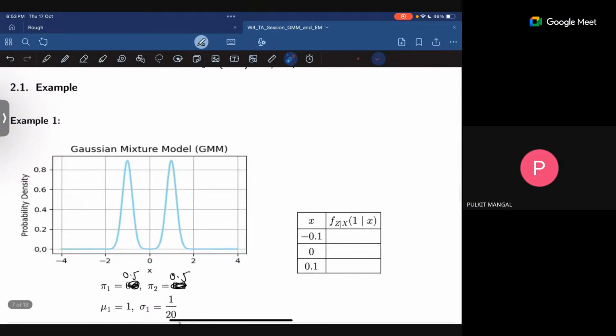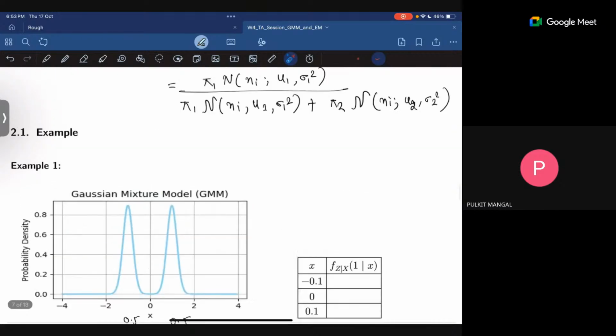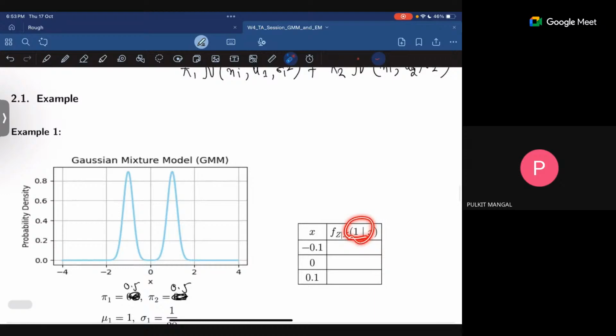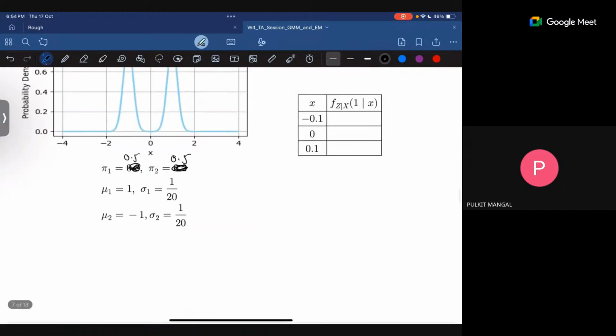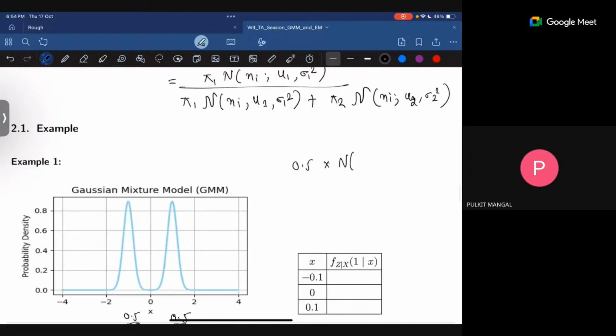Okay, so if you want to check whether the negative 0.1 has come from the first cluster, that's what it is asking here. So you will put 0.5 multiplied with the normal with parameters 1 and 1 by 20, divided by 0.5 into normal 1 comma 1 by 20 plus 0.5 into normal minus 1 comma 1 by 20.